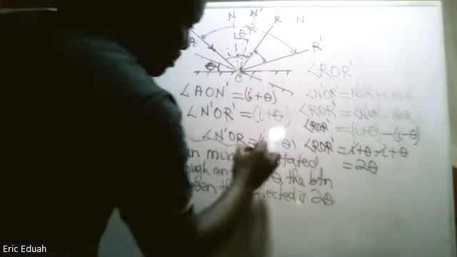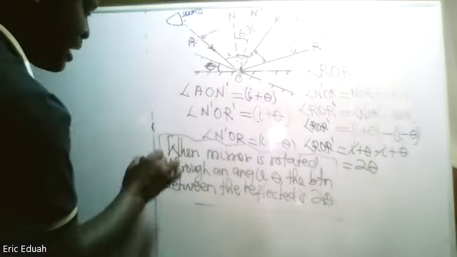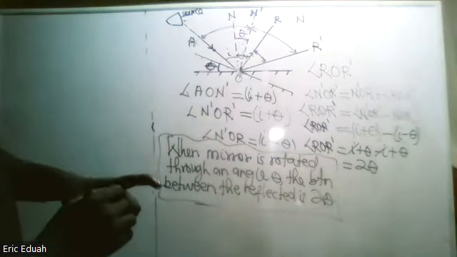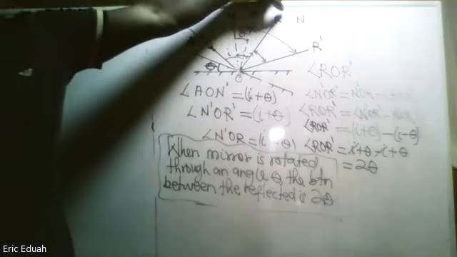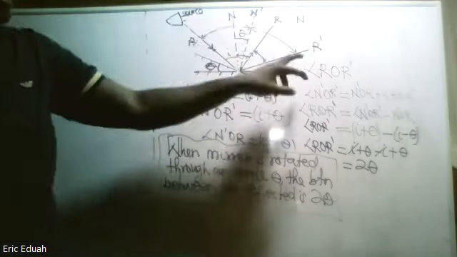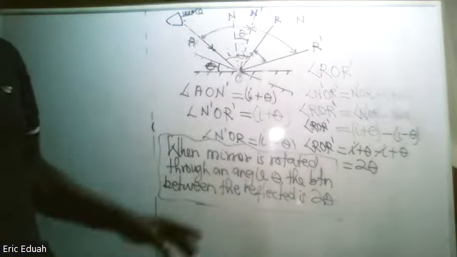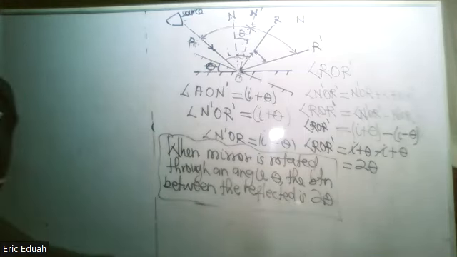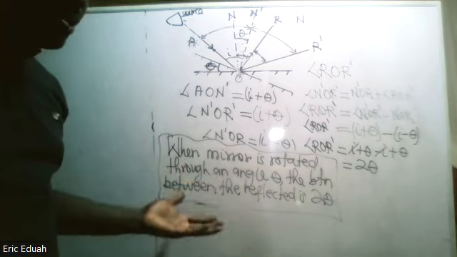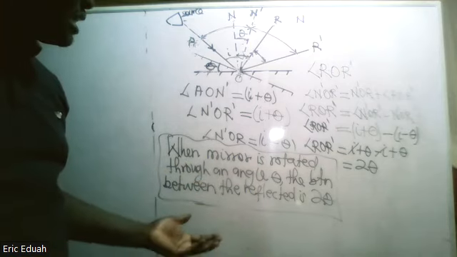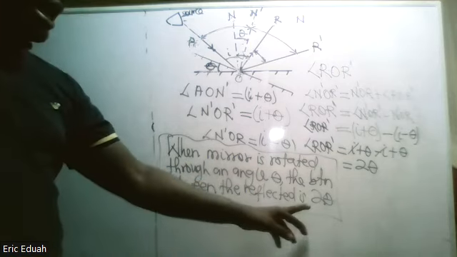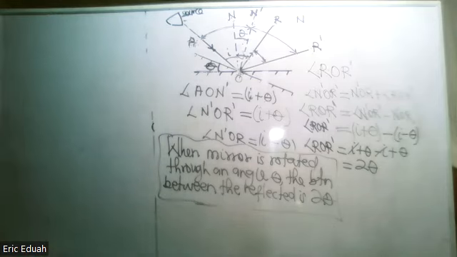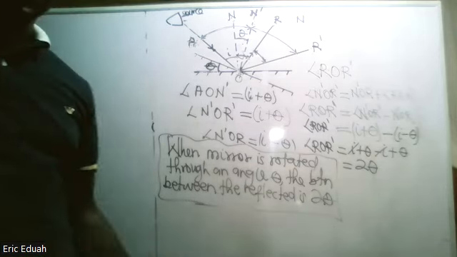When you rotate a mirror, the angle between the reflected rays, the old one and the new one, is always twice the angle of rotation. Meaning that if you rotate the mirror through an angle of 15 degrees, the angle between the reflected rays will be 2 times 15, which is 30.